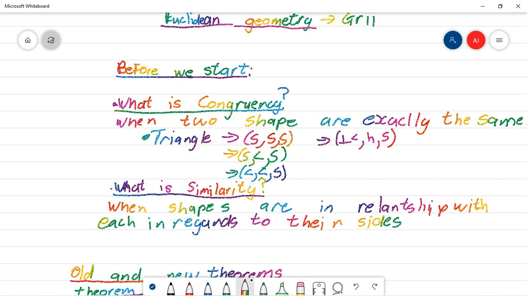Now, mostly this occurs when all angles are the same, or when corresponding sides are in relationship to each other.